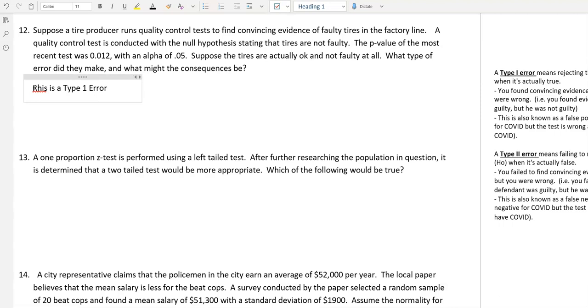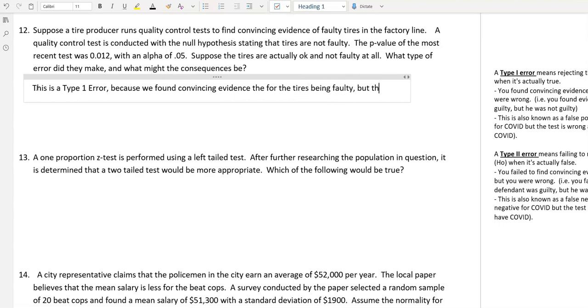This is a type 1 error here, because we found convincing evidence for the tires being faulty, but they weren't.